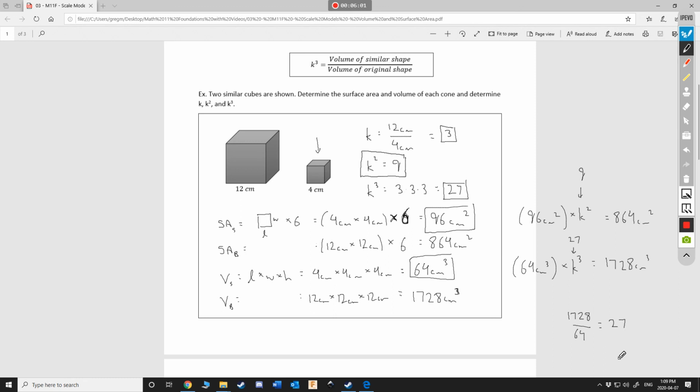If I take that 864 divided by 96, that's equal to 9. So again, we are trying to link and combine our understandings. Do we understand what this k cubed means? Do we understand what this k squared means? Again, if we understand this, then you've got the whole meaning for this topic that we're currently doing.